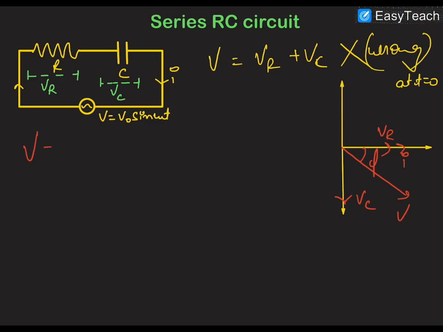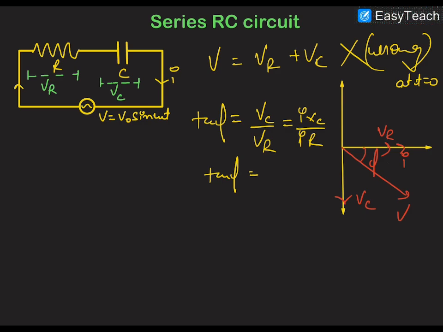Tan phi is VC by VR, and VC can be written as I XC and VR can be written as I R. So cancelling I with I, tan phi will be equal to XC upon R, and XC upon R can be written as 1 upon omega C R. This is tan phi, and this phi represents the phase difference between current and voltage.